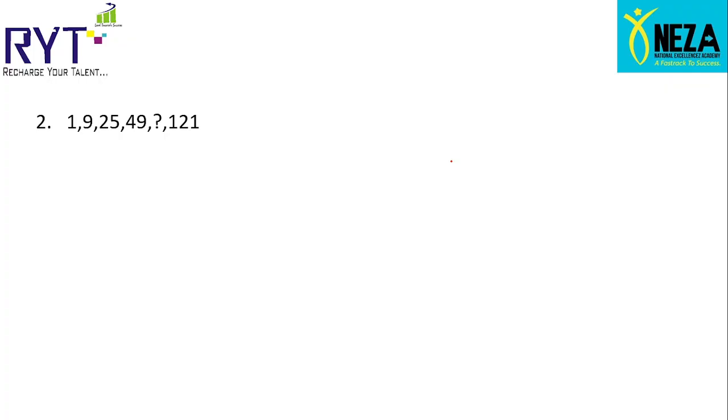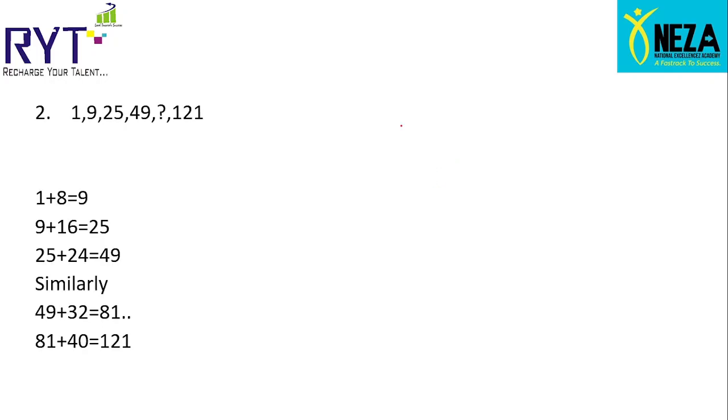1, 9, 25, 49, question mark, 121. We need to find out what the question mark is. Now, let me observe. 1 plus 8 gives me 9. 9 plus 16 gives me 25. 25 plus 24 gives me 49.